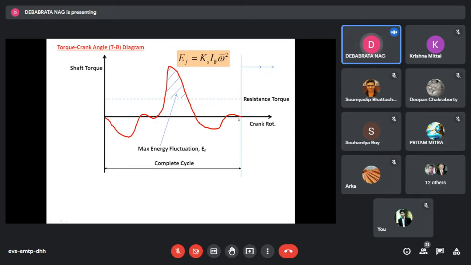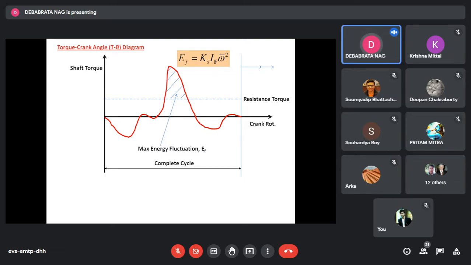So there is no net energy being supplied within the system during this complete cycle, because if there is some net energy, then it means that the crankshaft speed will increase, right? And if there is a net loss of energy, then the crankshaft speed will decrease from cycle to cycle.